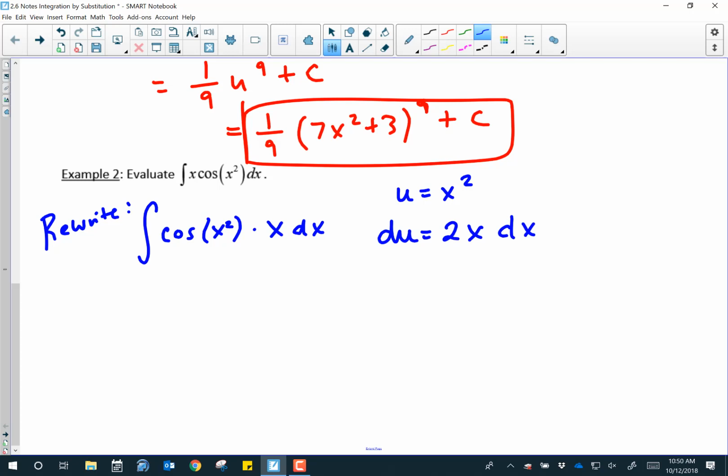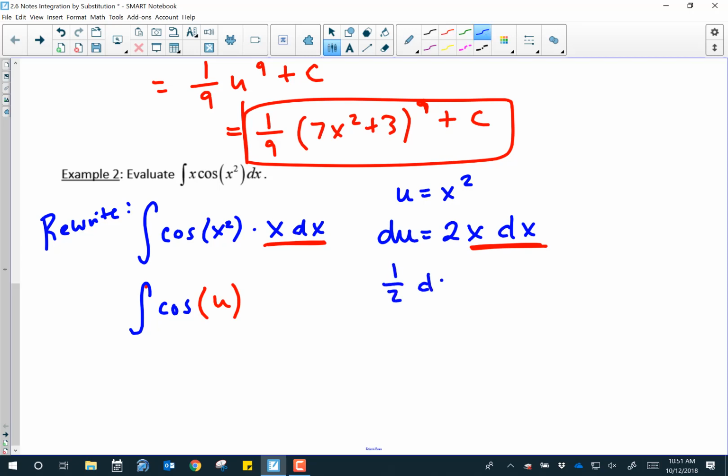It's all about substitution. I know now when I substitute, you're going to have the integral of cosine of u, right? But now I need to take care of that x dx. I need x dx. So all you have to do is get x dx by itself. You just divide by 2.